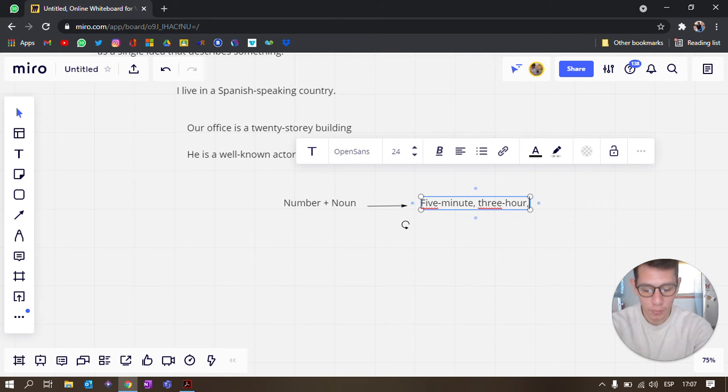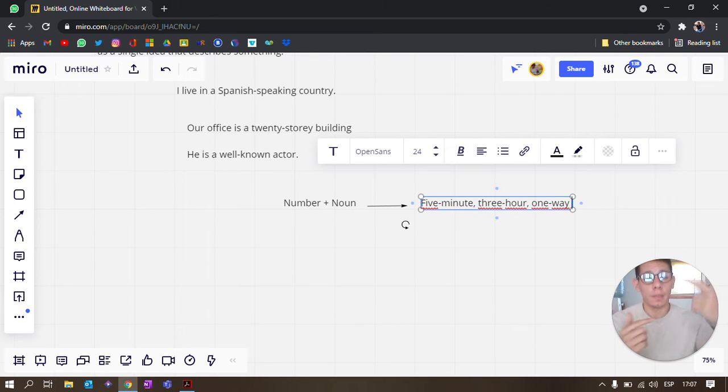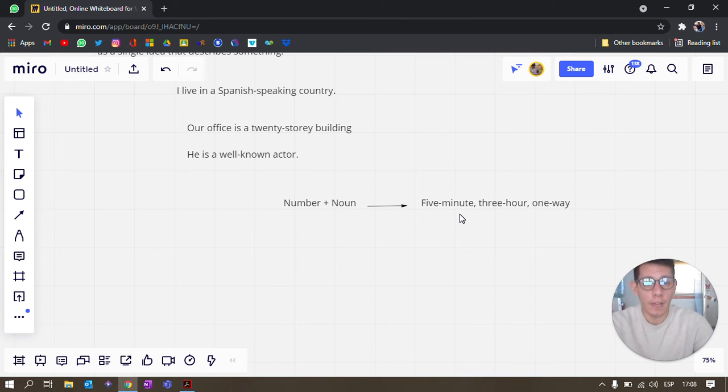One-way ticket. A one-way ticket means that, for example, you are flying to the United States, and you buy a one-way ticket to New York. That means the ticket you bought is to go but not to come back. If you look at 5-minute or 3-hour, we're talking about periods of time.